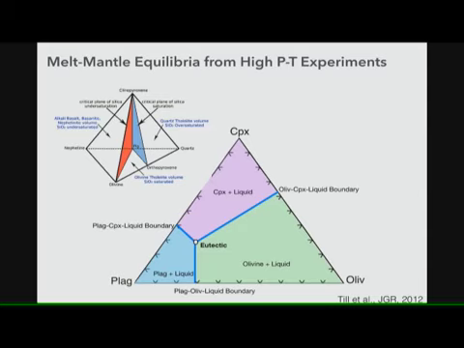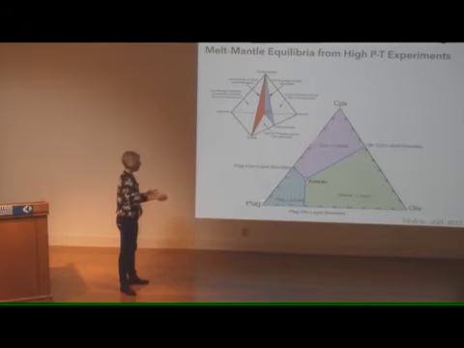In this case, we're looking at the olivine, plage, CPX one. So we're looking at that red slice through the tetrahedron in this view. You could think of olivine plotting over here, CPX would plot up here, and plage would plot up here.